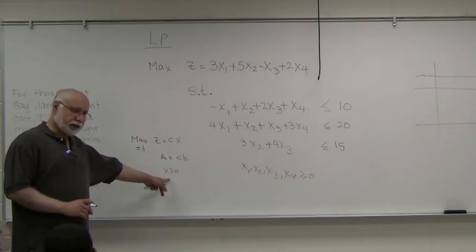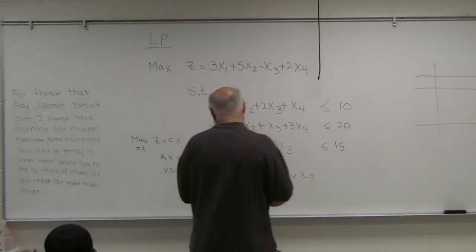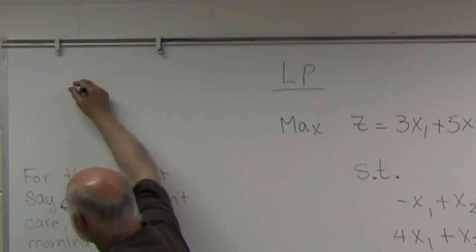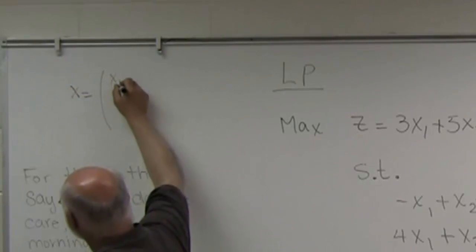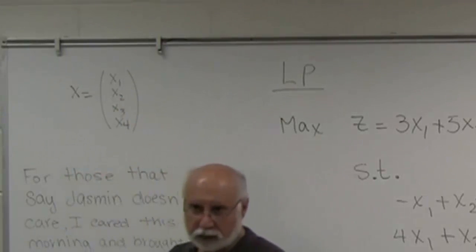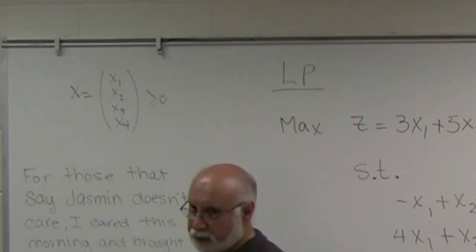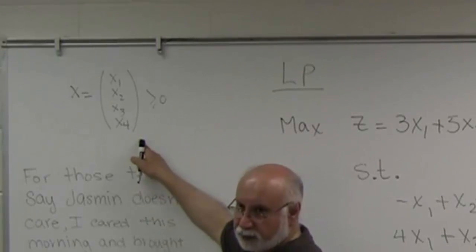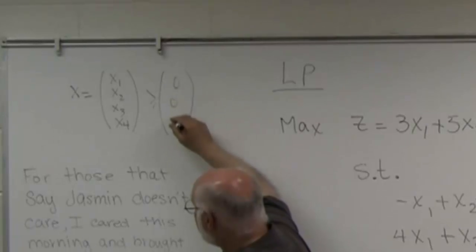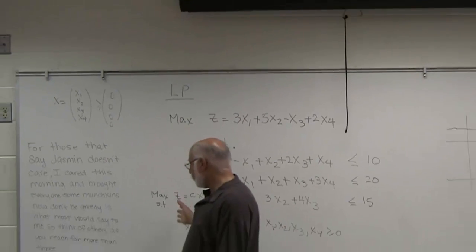So when we say x greater than or equal to 0, that's x, and that greater than or equal to 0 means this vector is greater than or equal to zero. That's what it means. This is a matrix notation.